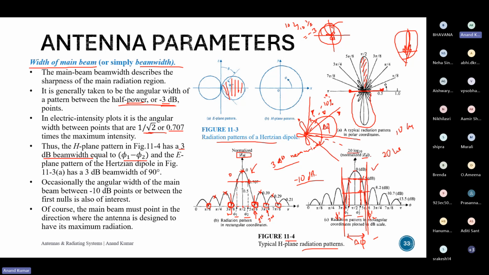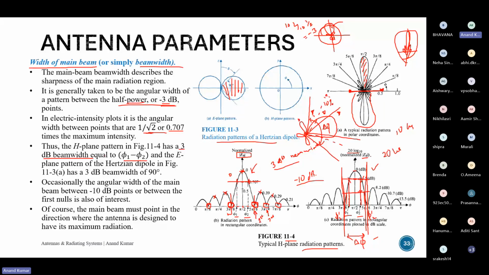If you go through Balanis, only the first null and 3 dB beam widths are discussed. The first null encapsulates the entire beam, and 3 dB encapsulates the angle which encompasses at least half the power. So these two are the important ones from the textbook point of view.